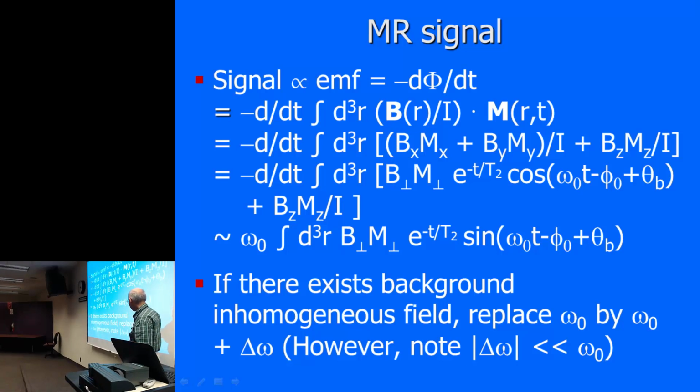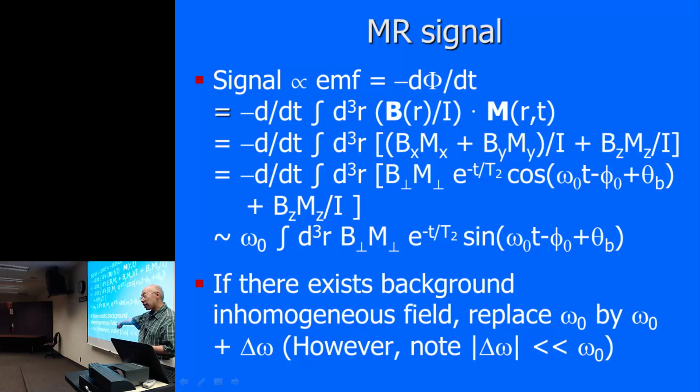So meaning that this guy is not going to be a constant, it's going to be a function of space. So that's why I said, okay, if you have some background inhomogeneous fields, which can be due to the nature, meaning due to the magnetic susceptibility effect, chemical shifts, or actually can be due to some man-made external gradient fields, then you have to replace this omega naught by omega naught plus some kind of delta omega.